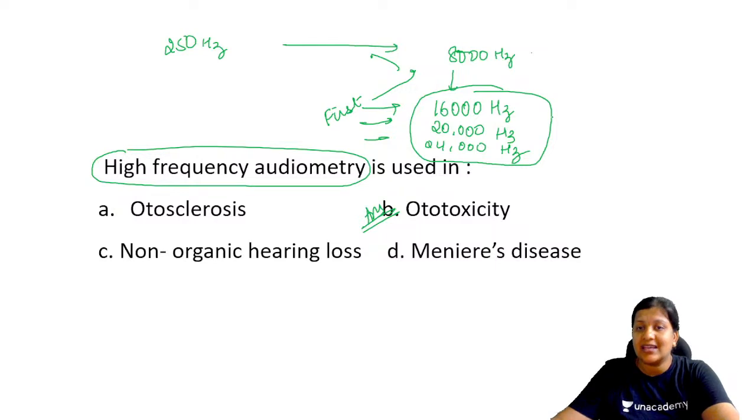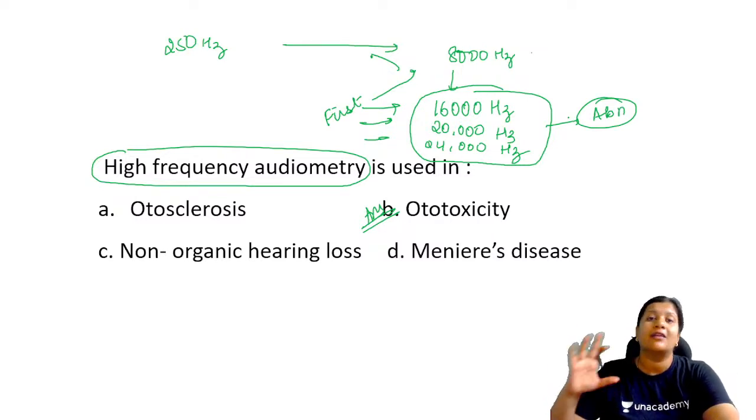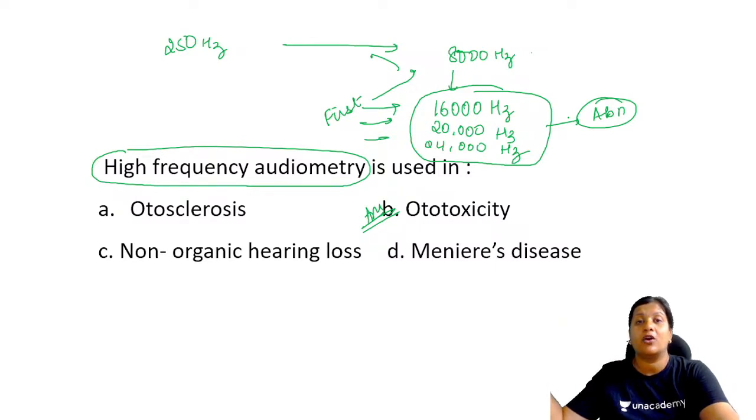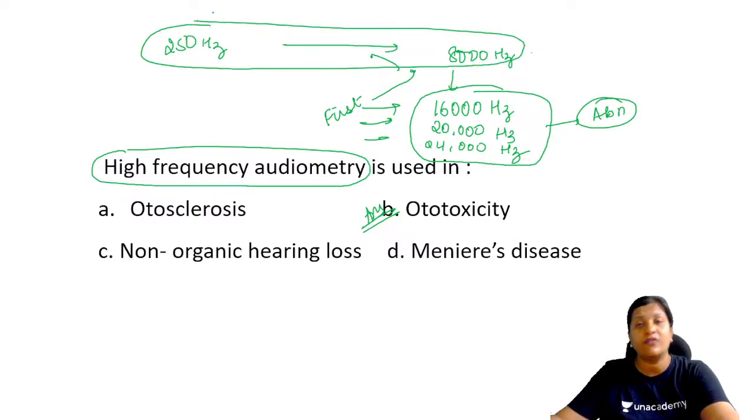So if I see there is an abnormality in the high frequencies, I know that the patient is slowly going to develop hearing loss. So either I need to alter my medication or I have to stop the medication so that the patient does not develop hearing loss in at least the speech frequencies, which is necessary for our normal hearing of speech.